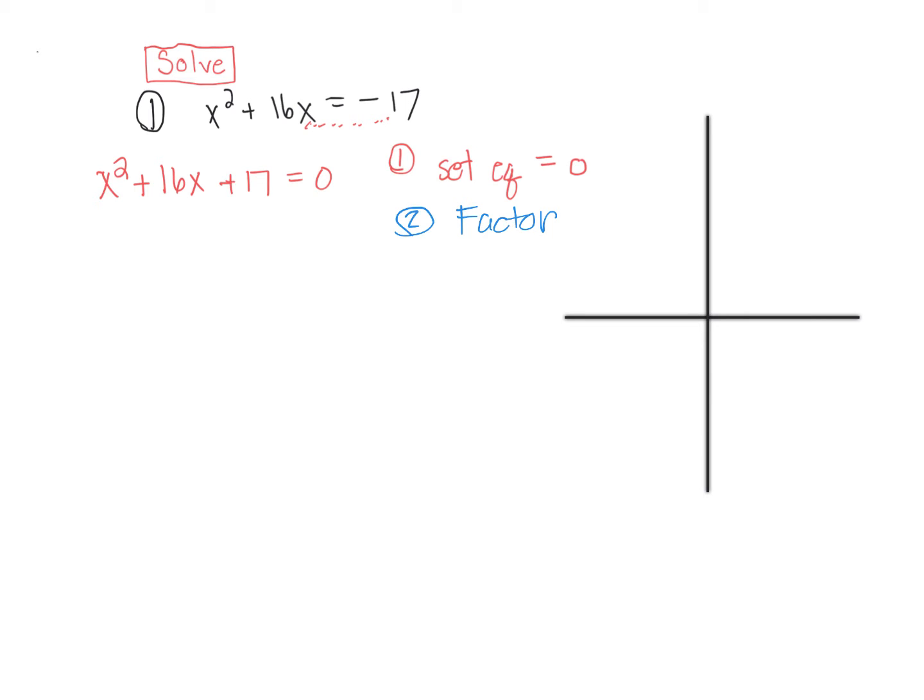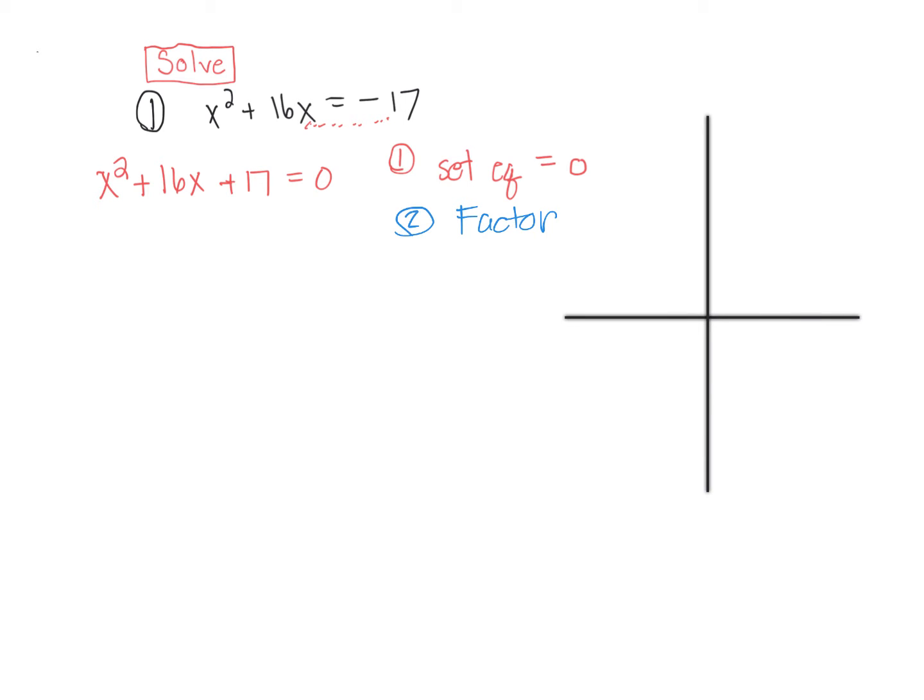You might want to go off to the side of your paper here and practice factoring this. What I know is that it doesn't have a GCF. It doesn't have 2 terms, but it does have 3 terms. And so I'm going to have to draw my box and figure out my factors.